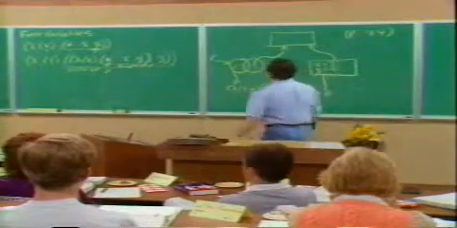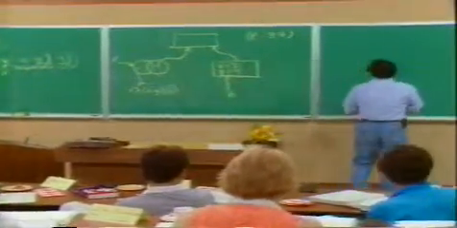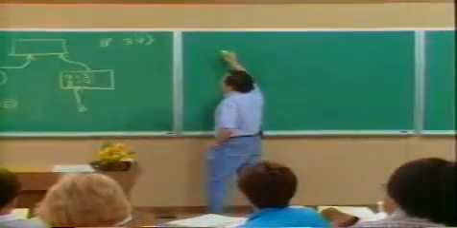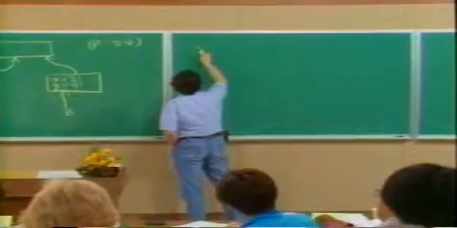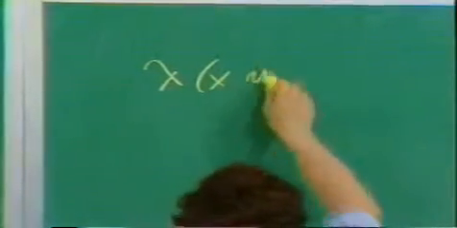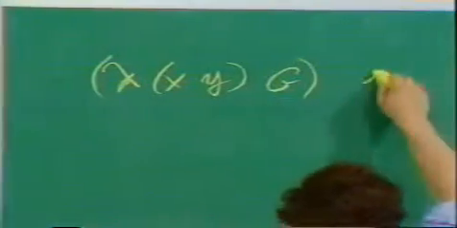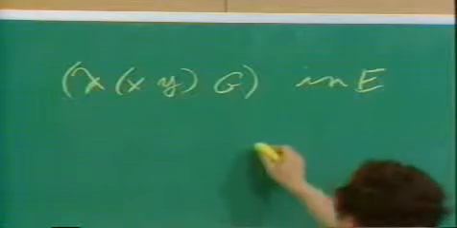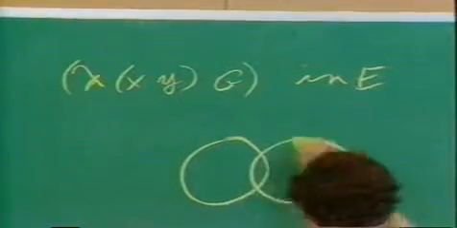So, for example, if I happen to be evaluating a lambda expression of, say, x and y, let's call it g, in E, well, all that means is I now construct a procedure object.